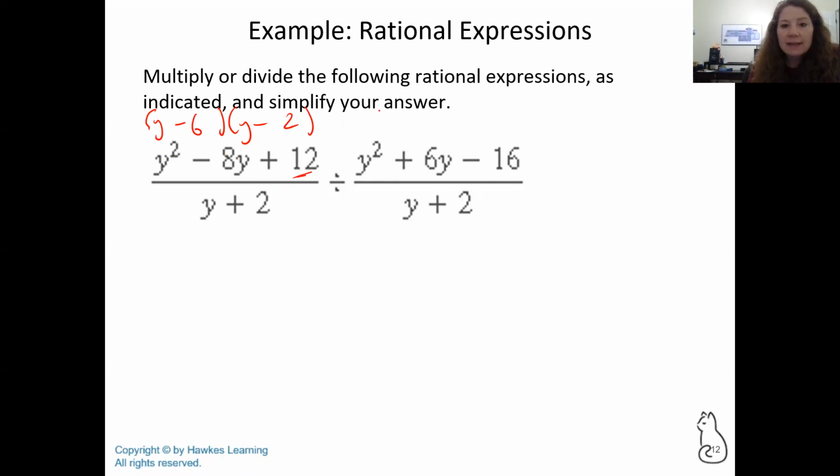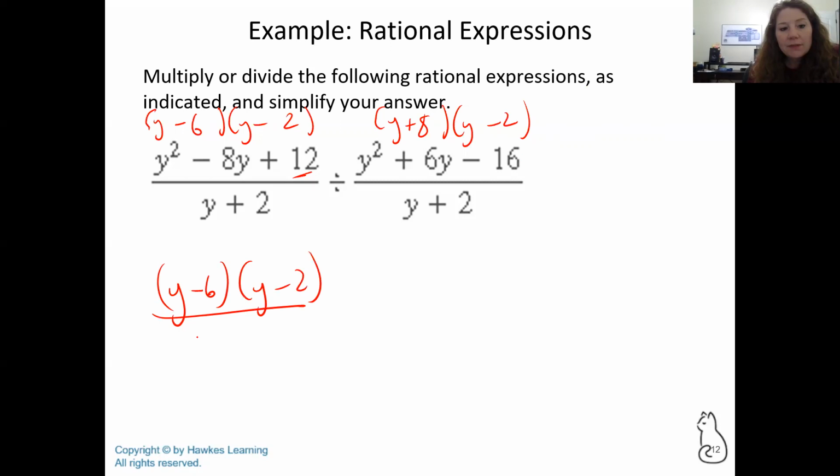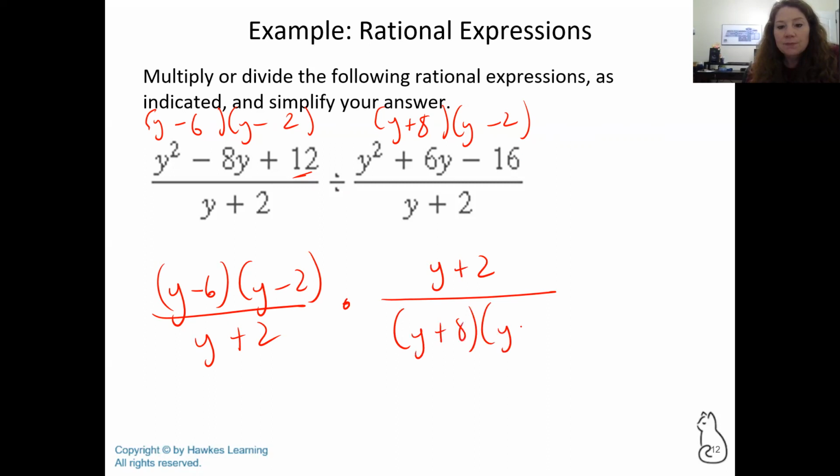And then I think I need two numbers that multiply to give me -16 and add to give me 6, which is going to be +8 and -2, right? Yes. So now I'm going to keep it, change it to multiplication, and then I'm going to flip it. Y plus 2, and then y plus 8, y minus 2.